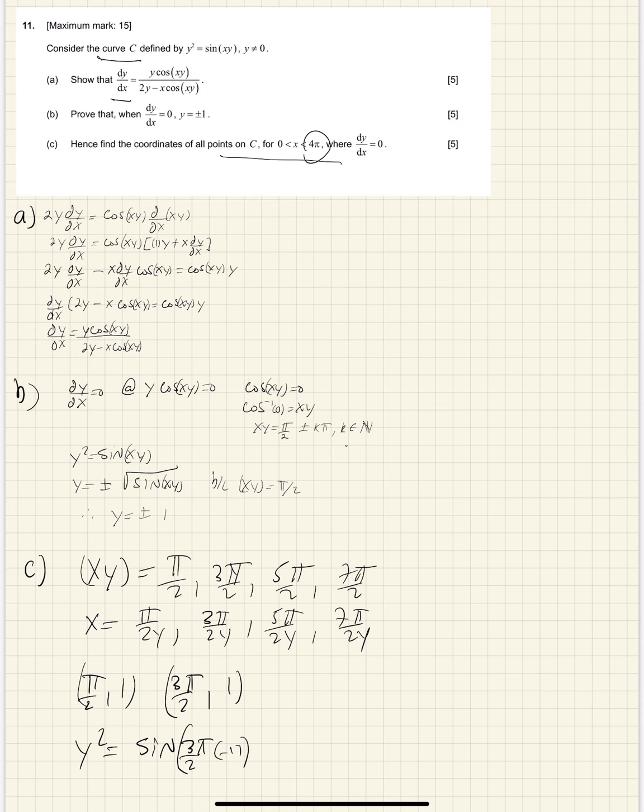No, but that's if y was already negative 1. So I don't see that. If y was already negative 1, y squared would equal minus 1 squared equals, okay, that can work.